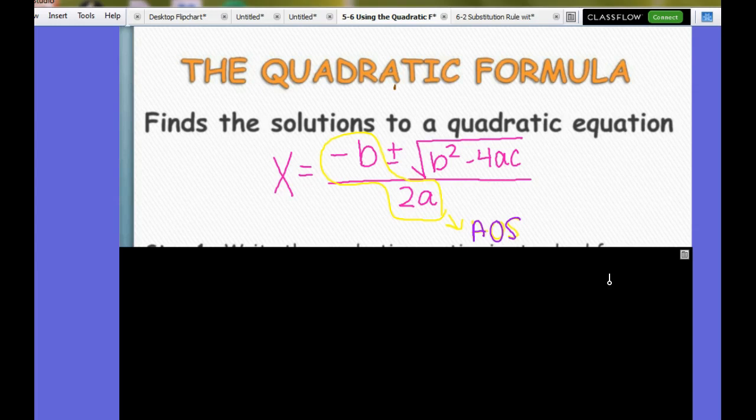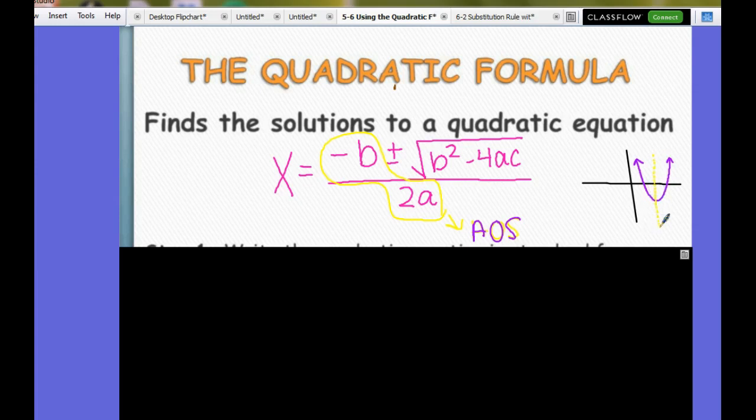AOS. Do you remember what the AOS was? Axis of symmetry. So if you go back and think about a quadratic function, it has an AOS. It's the line that cuts the quadratic function in half. It goes through the vertex.